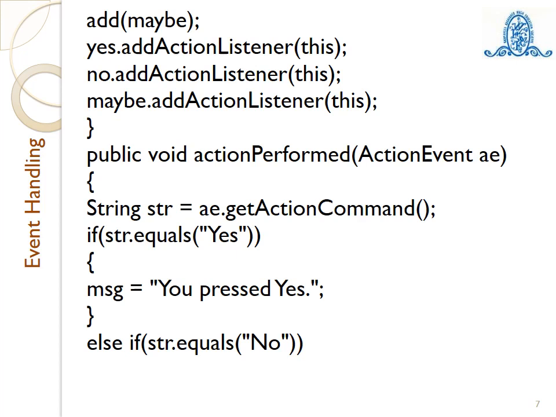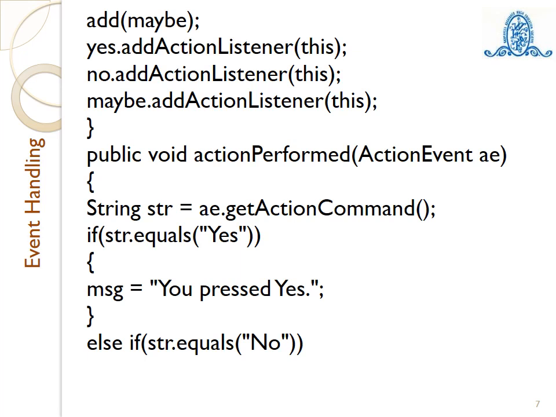Then the next step is to register the listener, that is add the listener, and for registering the listener, the add type listener method is used. Here the type is action. So for each button we have to add this action listener. Here we use yes.addActionListener(this).